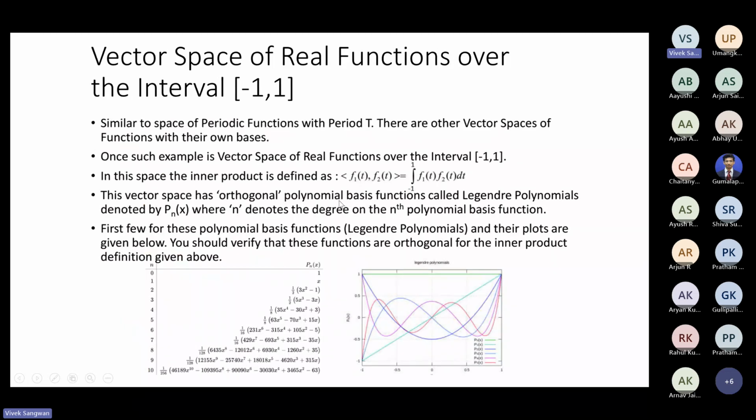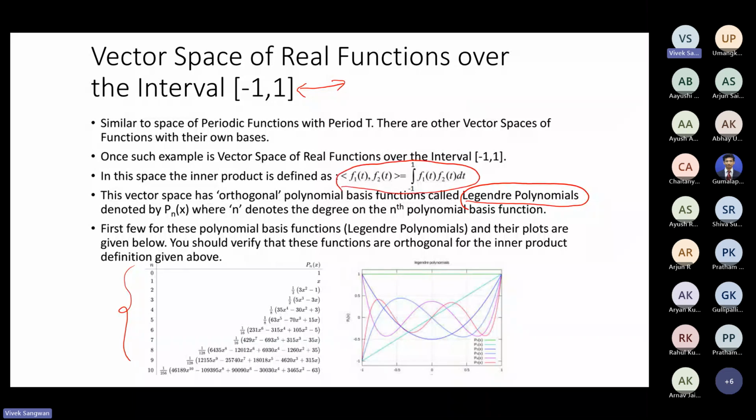And then I gave you an example of another vector space that mathematicians have studied: the space of all possible functions on the interval -1 to 1. One of the orthogonal bases that they came up with for this space is a sequence of polynomials called Legendre polynomials, and on this space the inner product is defined like this.